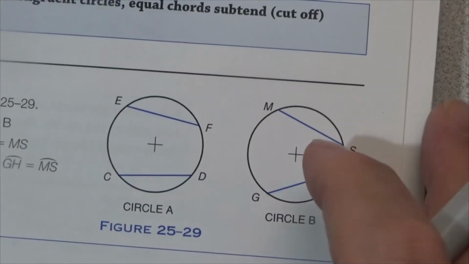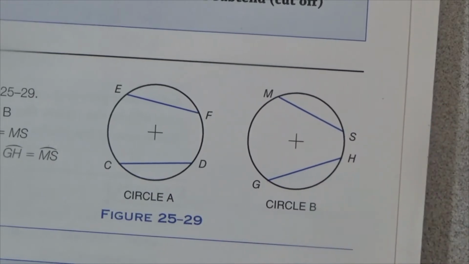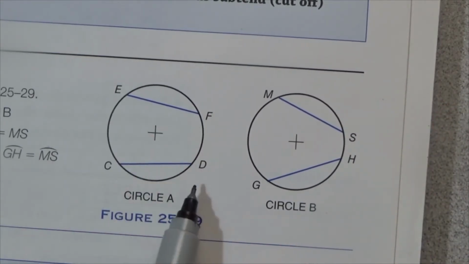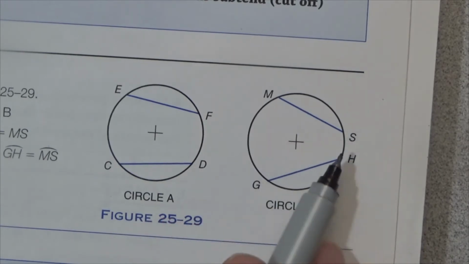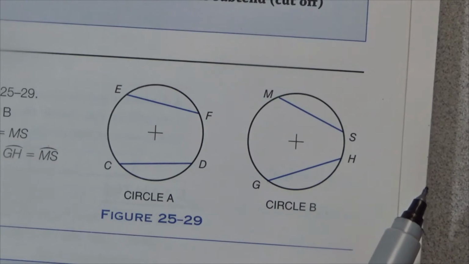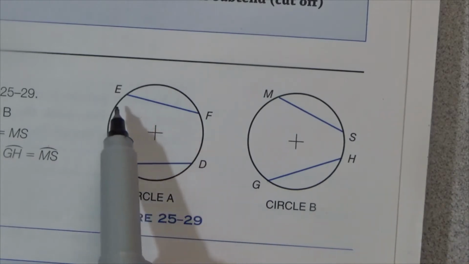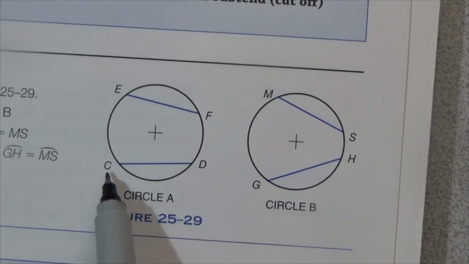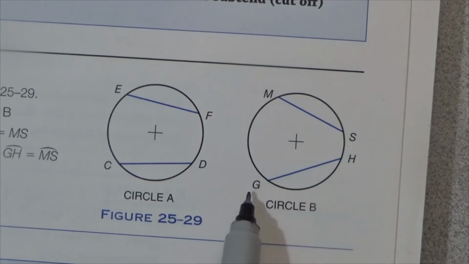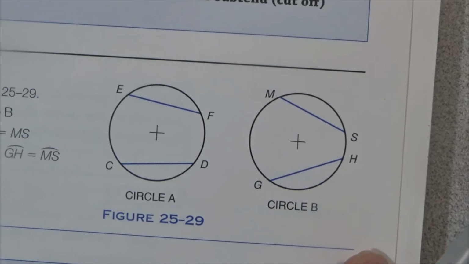What this is talking about is the chords first. If chord EF, chord CD, chord MS, and chord GH are all equal, then that means that arc EF, arc CD, arc MS, and arc GH are equal as well. That's what that's talking about.